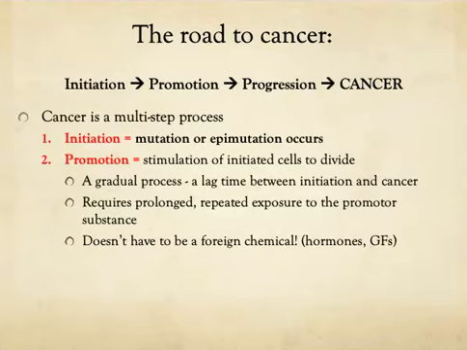We call it a promoter when it stimulates initiated cells to divide. There are growth factor chemicals too, whose job it is to stimulate cells to divide. They are stimulating growth in an organism. They become promoters when they stimulate initiated cells to divide.